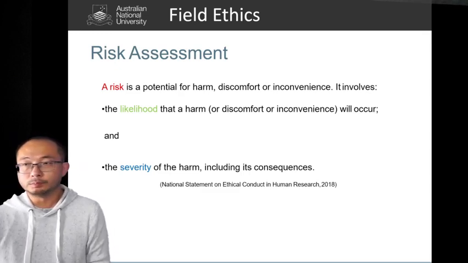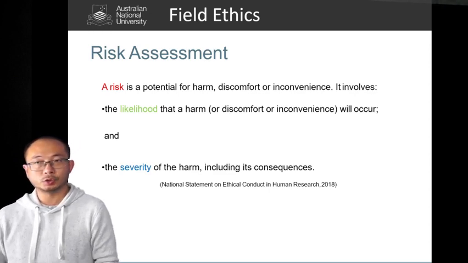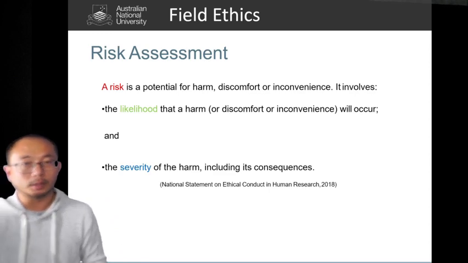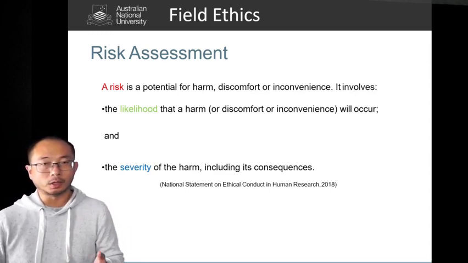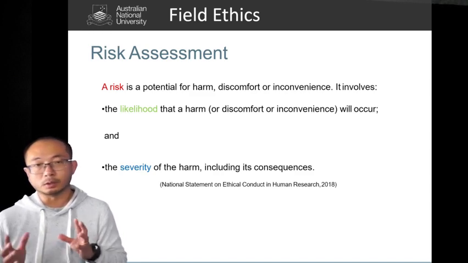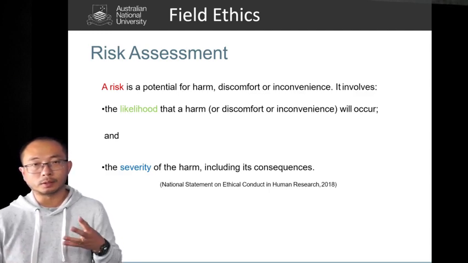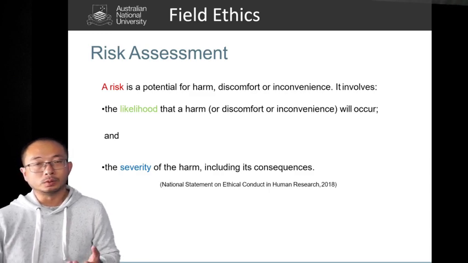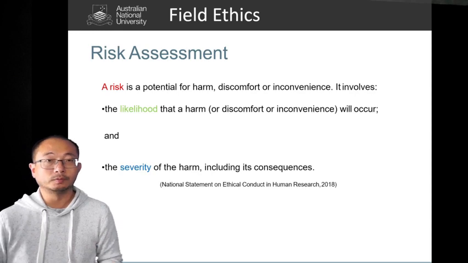So the National Statement on Ethical Conduct in Human Research identifies a risk as involving the likelihood that harm will occur and the severity of the harm, including its consequences. So these two are not directly related. You could have something that is likely to happen but not severe, or something that's not likely to happen but very severe.